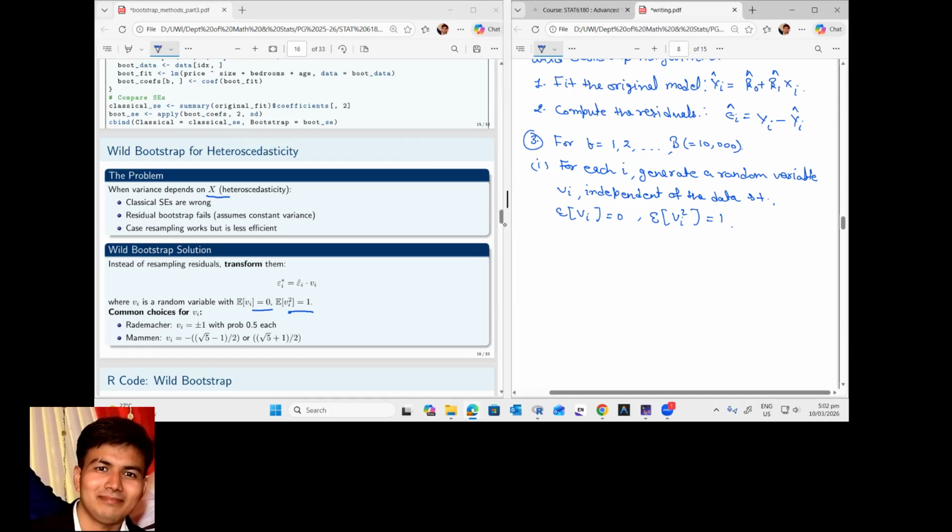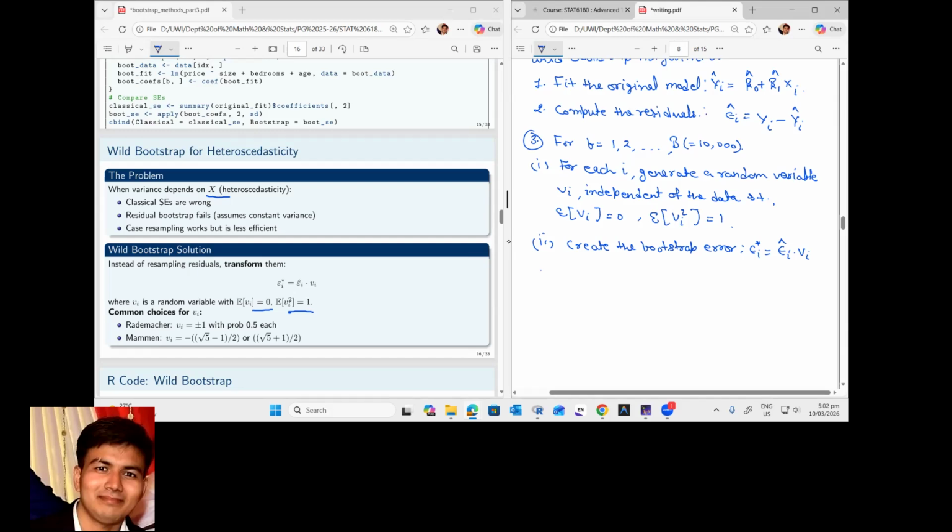Then create the bootstrap error, that is epsilon i star equals epsilon i cap times vi. Now you are not going to subtract, you are going to multiply.